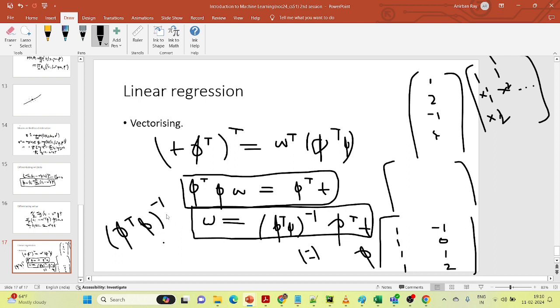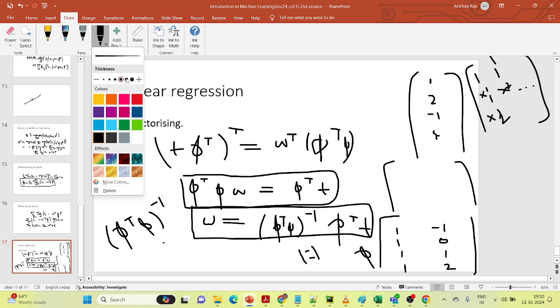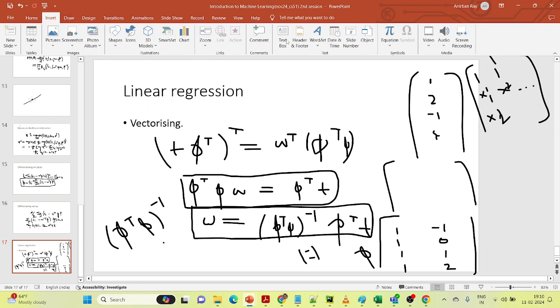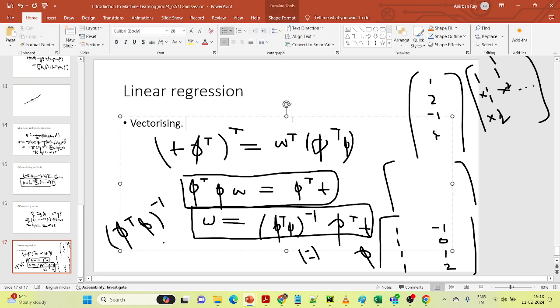The name of this is actually called Moore Penrose or normal equation.